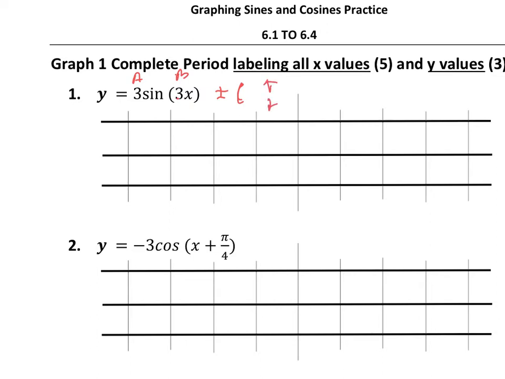What else do I know? It doesn't go left or right, which is called a phase shift, because inside that parentheses, I don't see a 3x plus or minus a number.